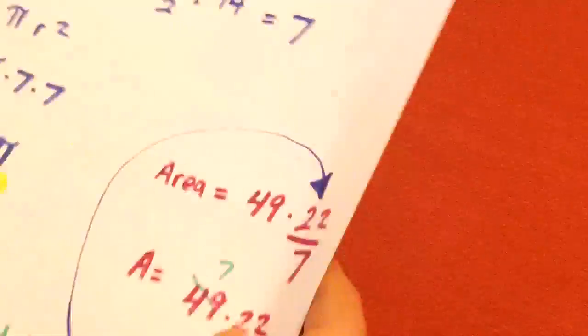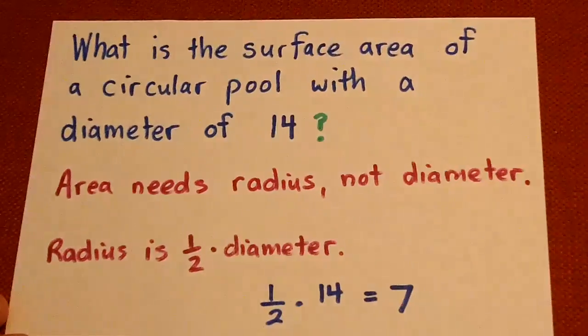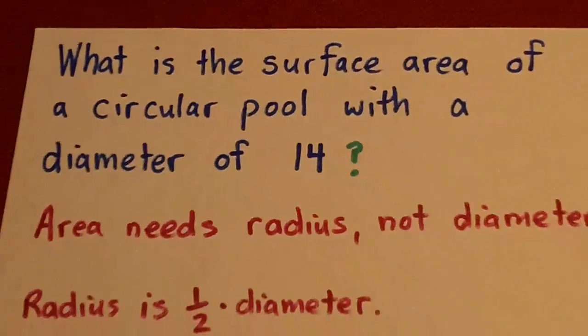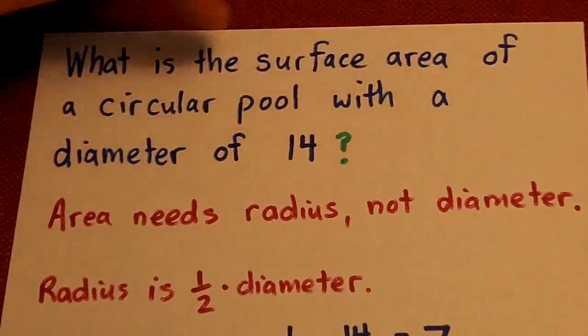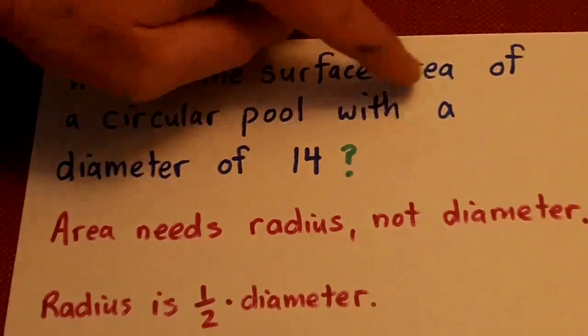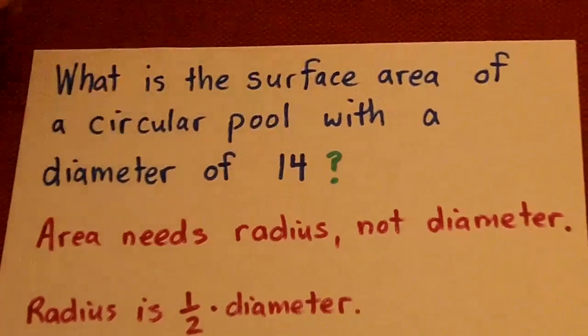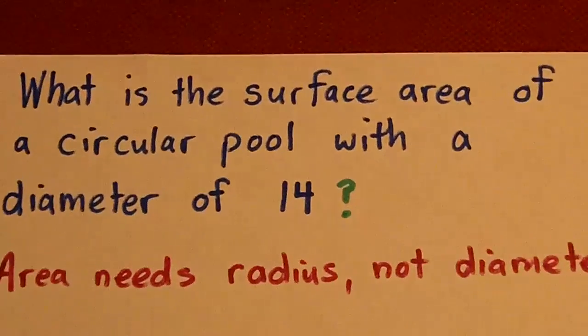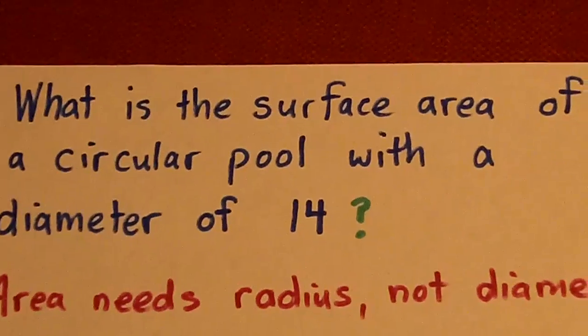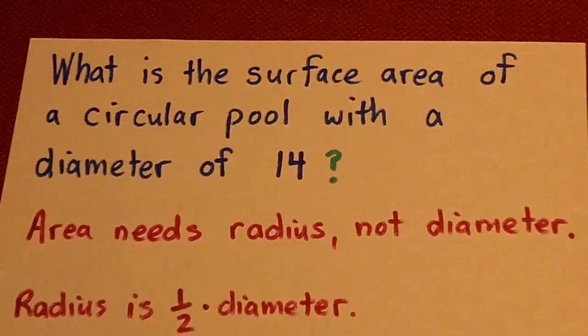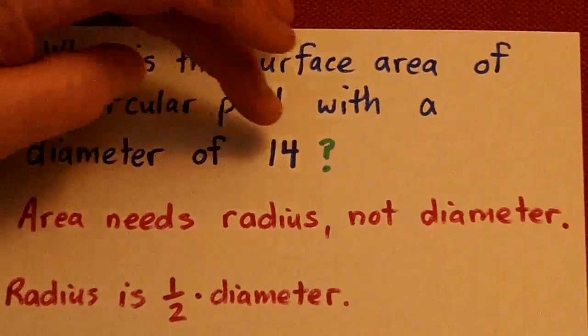Now our next example gets a little trickier, like on a state test. What is the surface area of a circular pool with a diameter of 14? Maybe on this test, they're not going to give you a circle. They say a circular pool, and then it shows a diameter of 14.